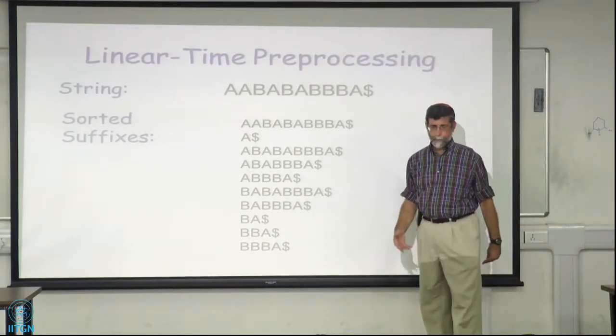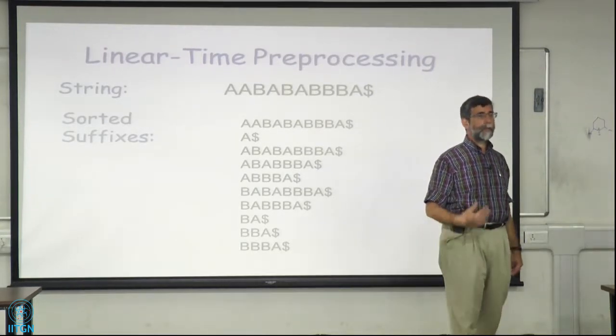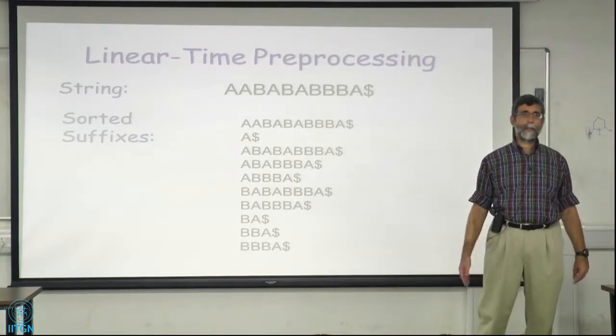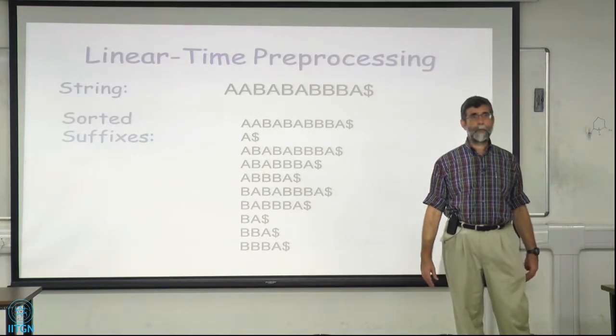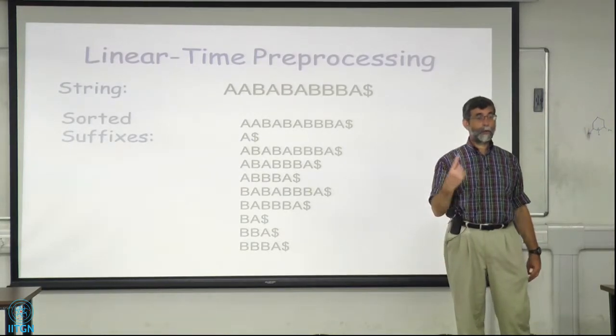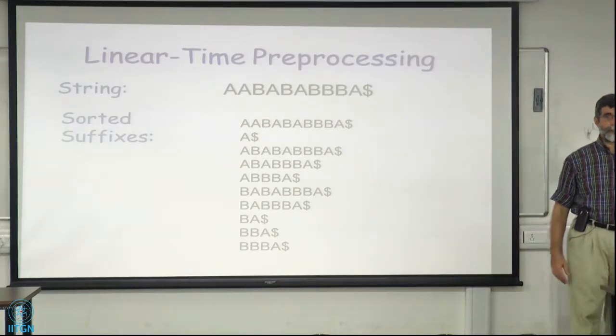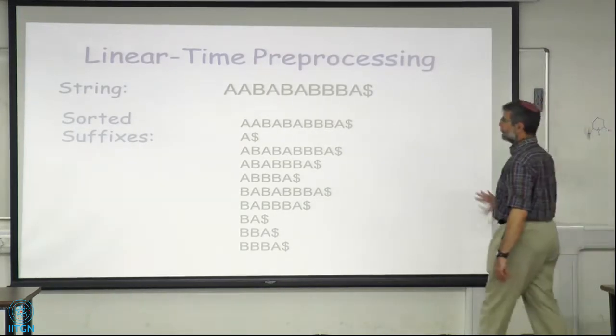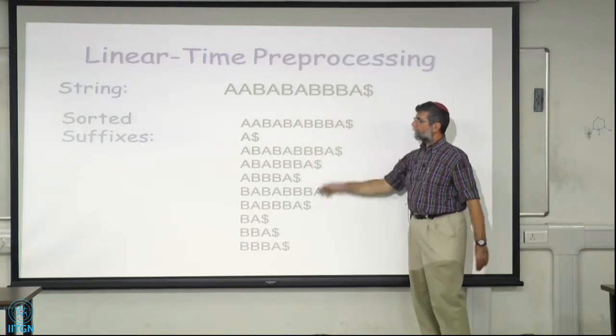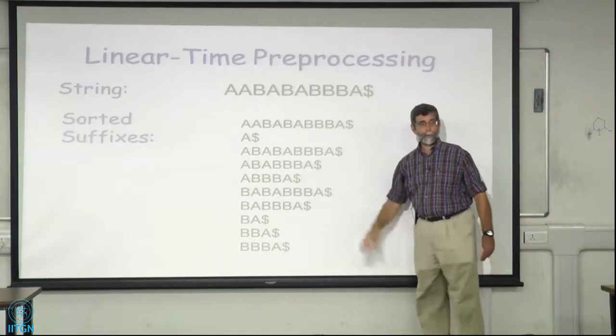It was known well way back: there was a Manber and Myers algorithm from SODA 90 that actually did the suffix array, but in time O of n log n. But the point is this. We know how to take all the suffixes and sort them, and so we sort them.